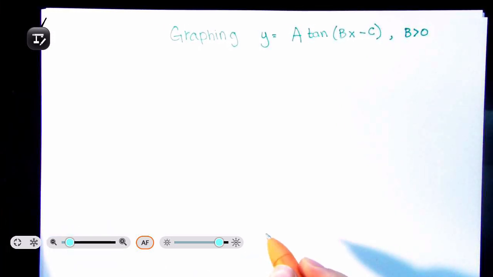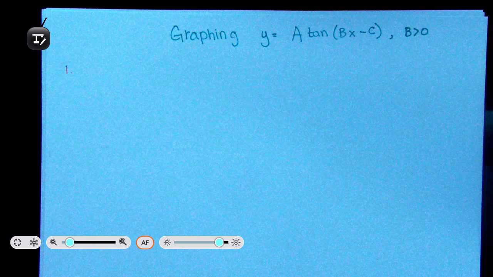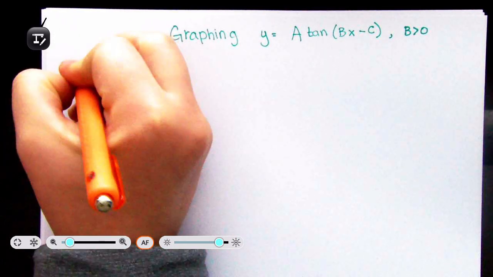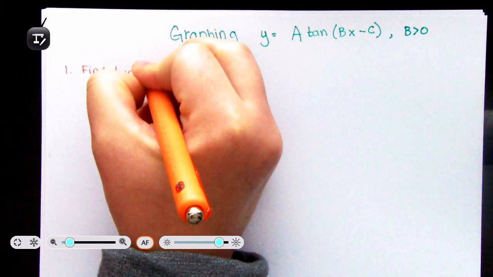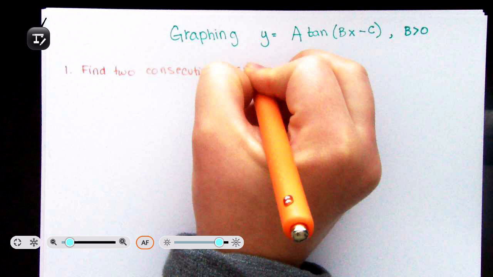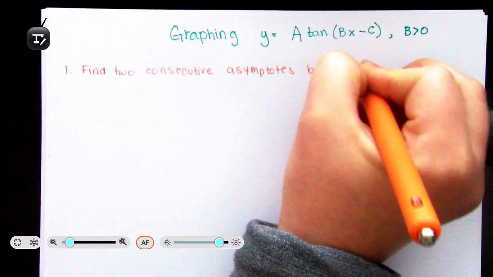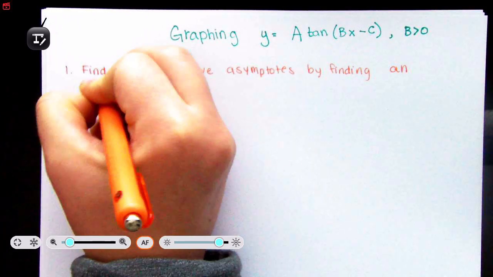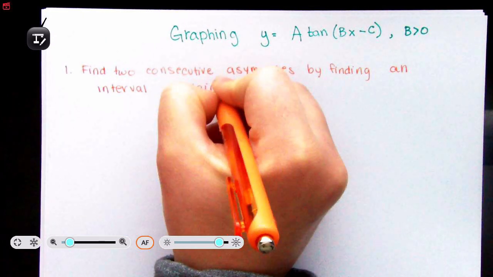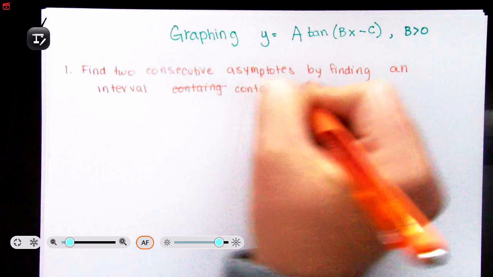So the first thing that you need to know is, number one, you need to find two consecutive asymptotes by finding an interval containing one period.